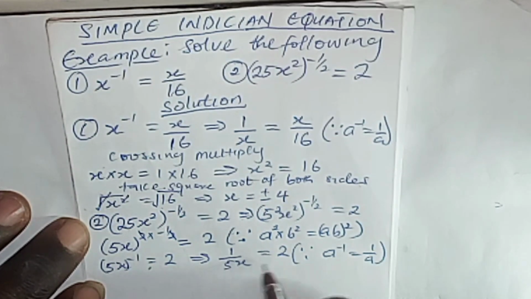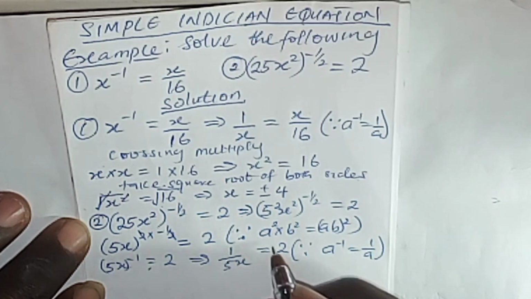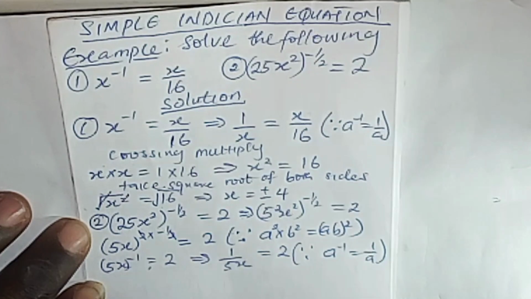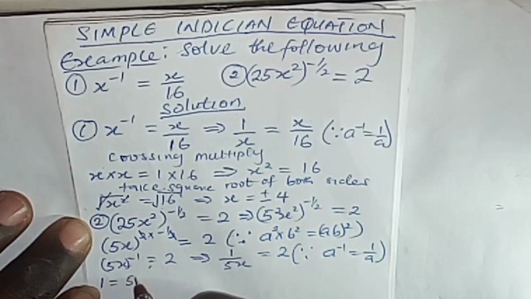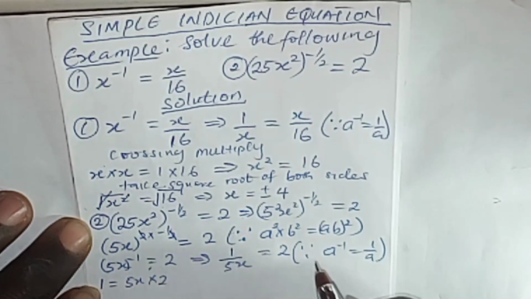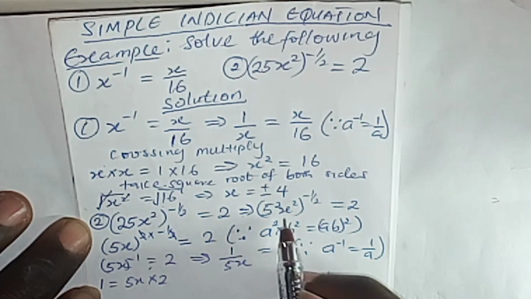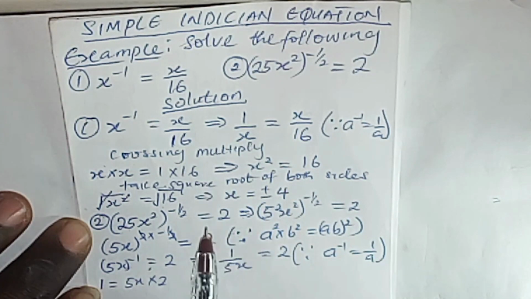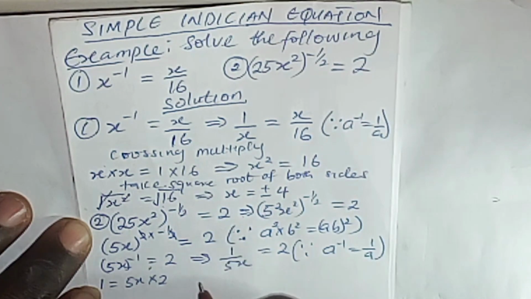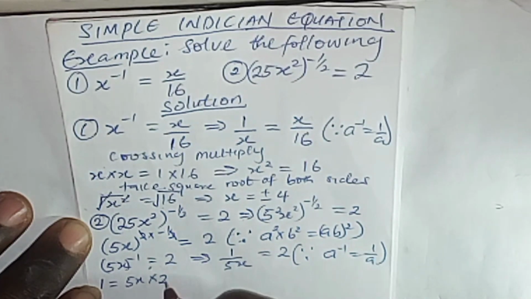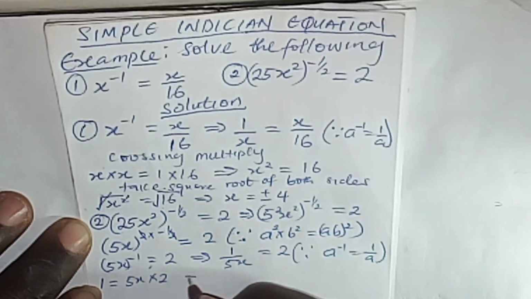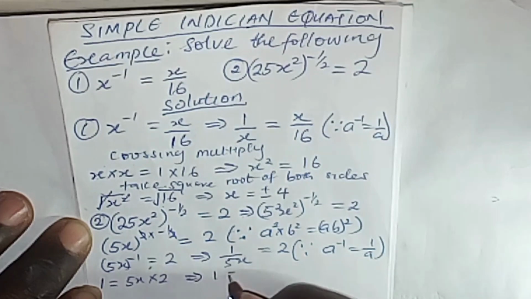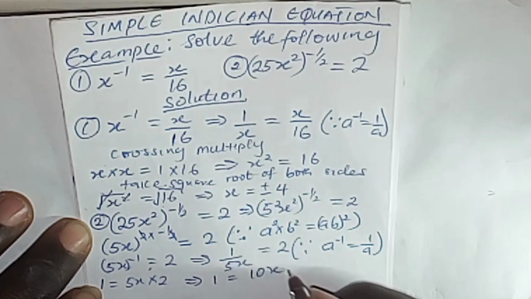Therefore, from here, you can also cross multiply to say that 1 is equal to 5x times 2. That is a similar reason to the one we did before. So when we multiply 5x times 2, we have 1 is equal to 10x.